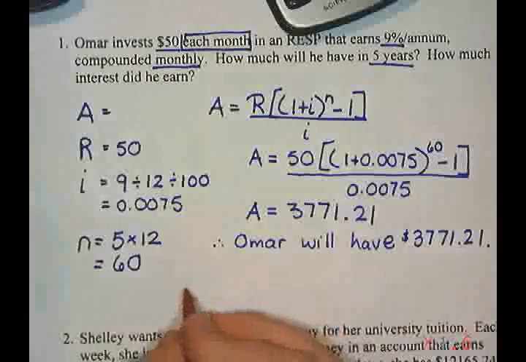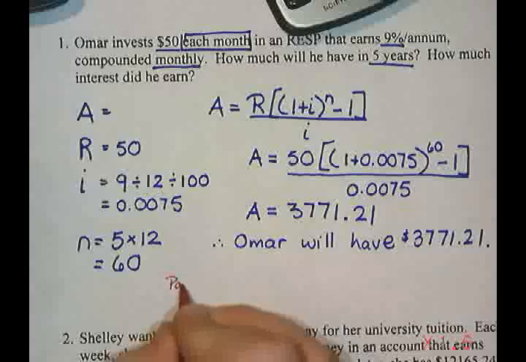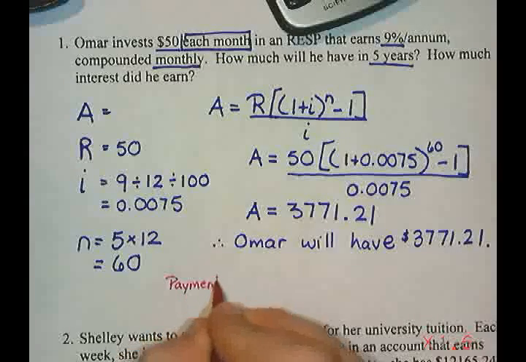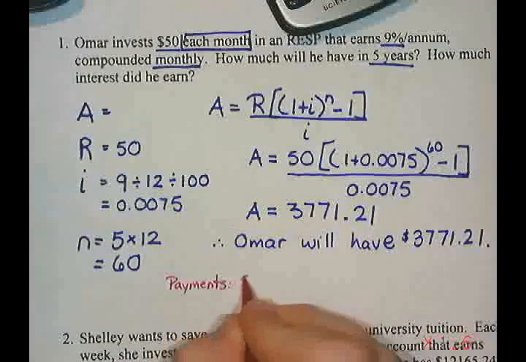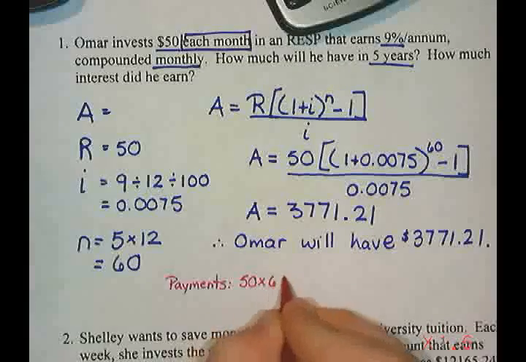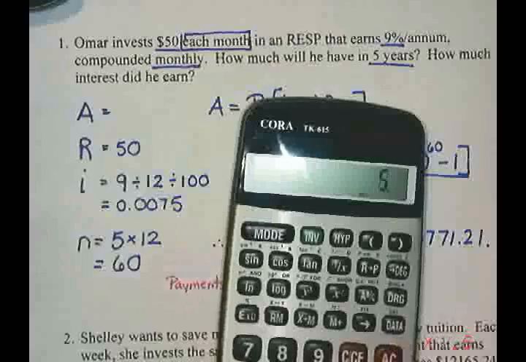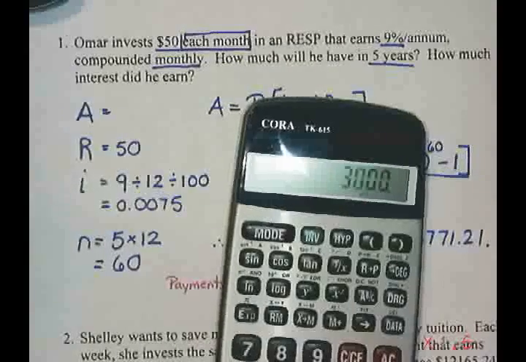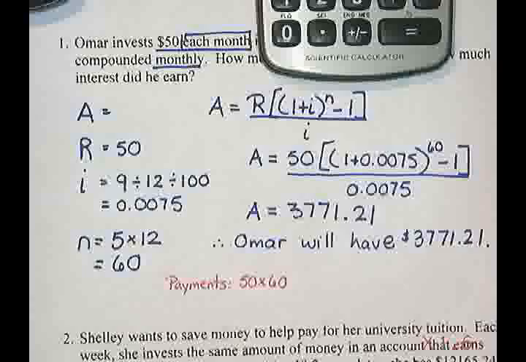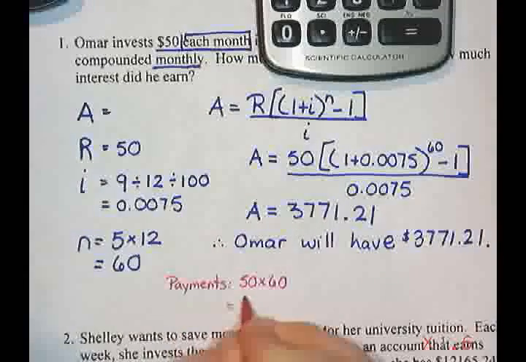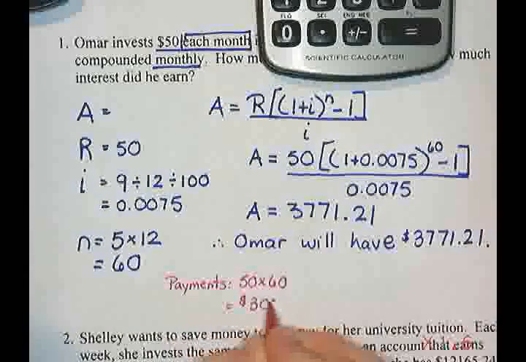So what he did was he made $50 payments 60 times. So if I do 50 times 60, I get that he put in a total of $3,000 out of his pocket.